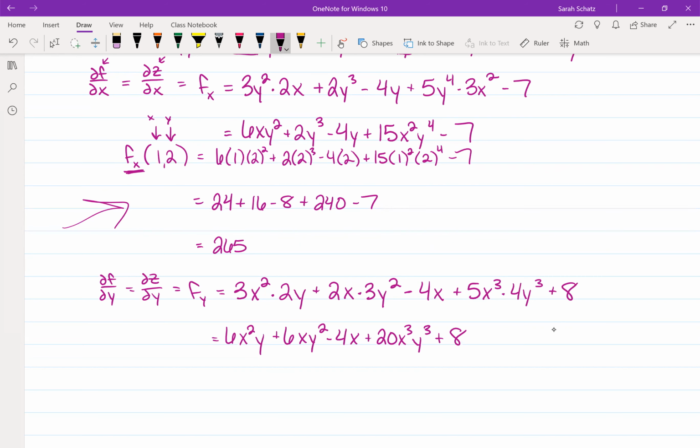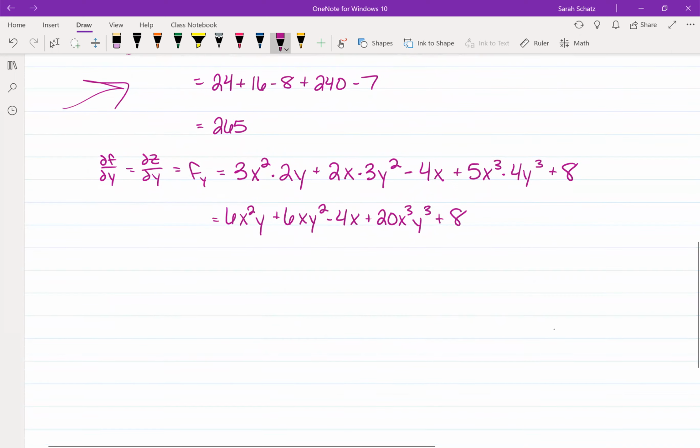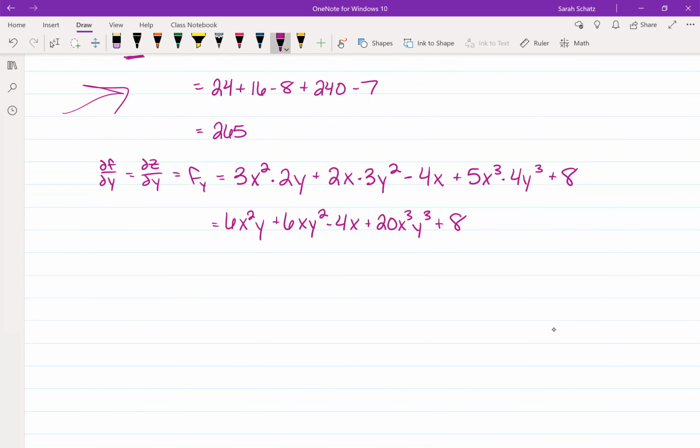So we have fx and we have fy. Those are the two first order partials. I want to find the second order partials now. So what I want to start with is fxx, which means I'm going to look at fx and take the derivative of that again with respect to x.